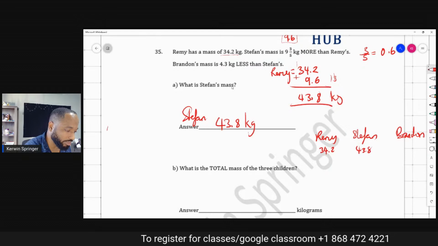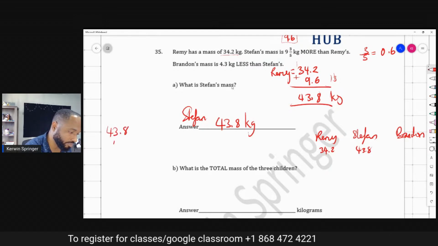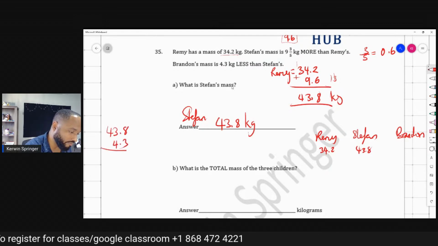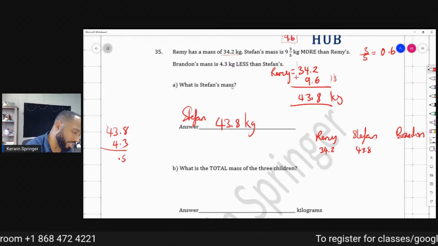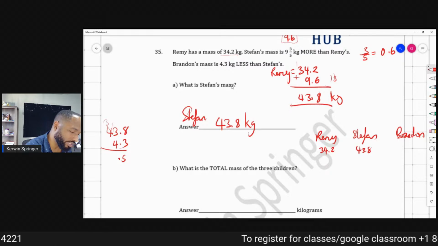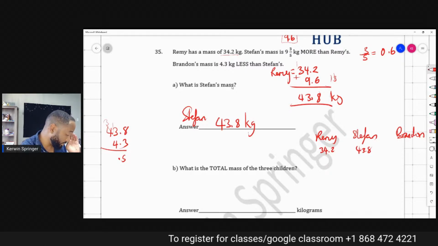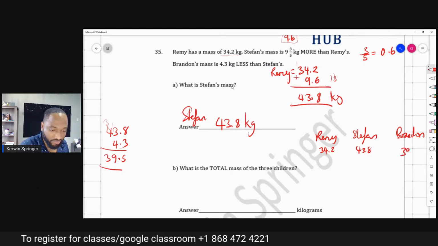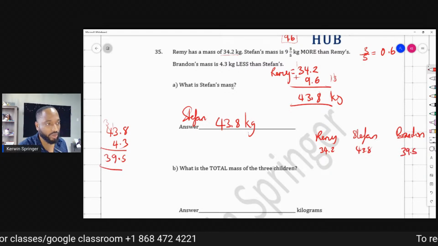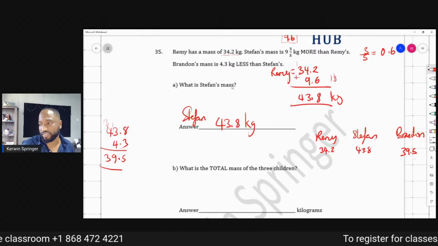So can I just do a little subtraction here? I will get 5. And then 4 from 13 is 9. Is it going to be 39.5? So he's 39.5. Now I need to add up everybody. Are you getting 117.5?